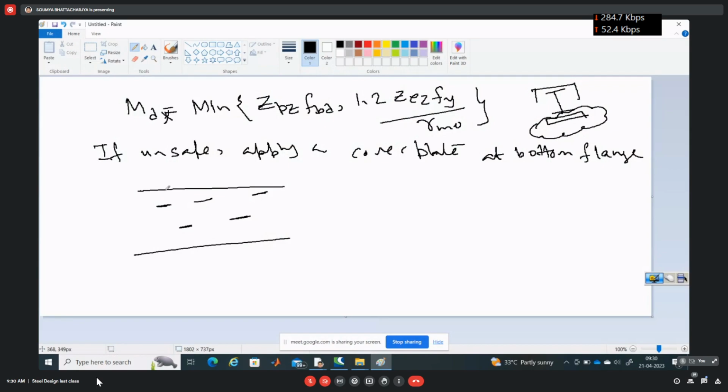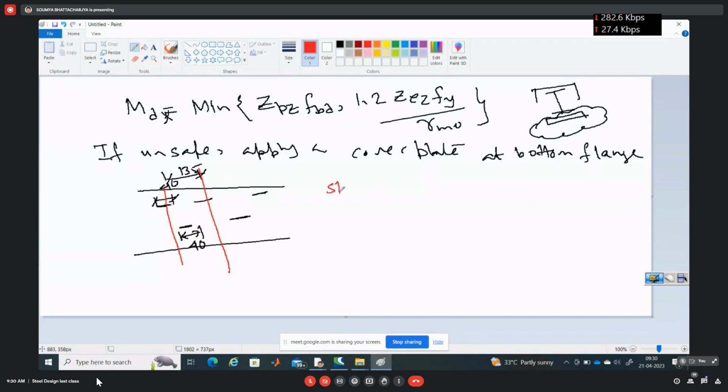So if I consider 40 and then 130, here also 40. So you can see that in one center to center distance, there are two such welds.